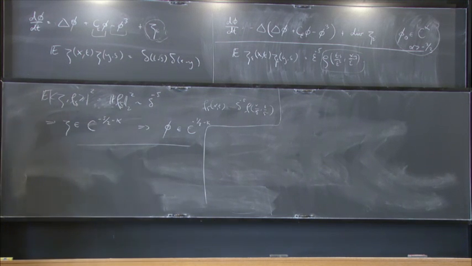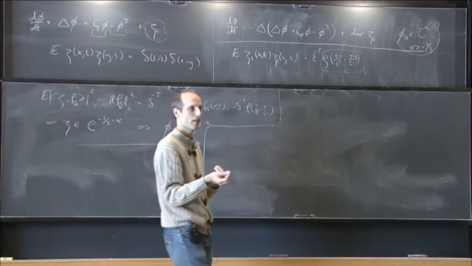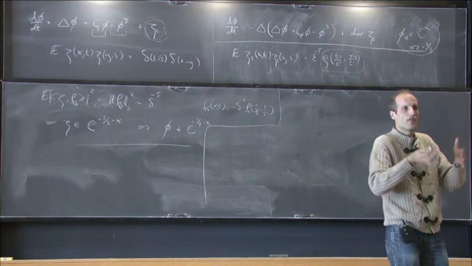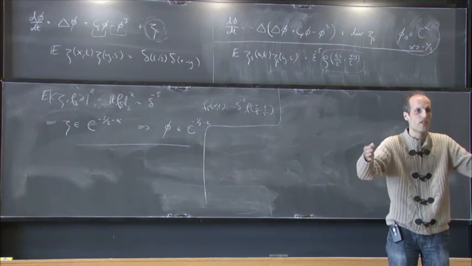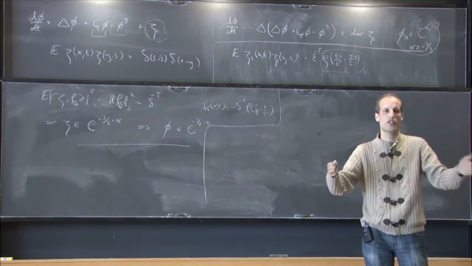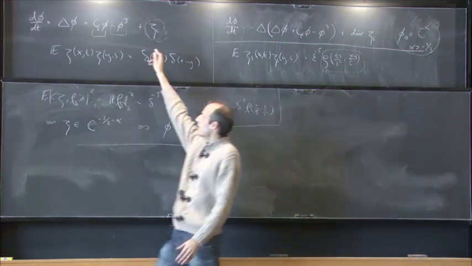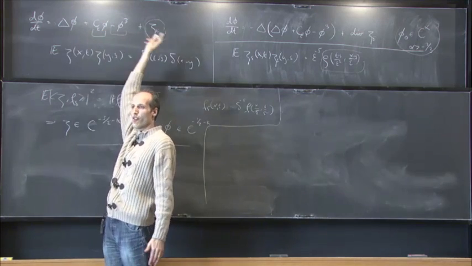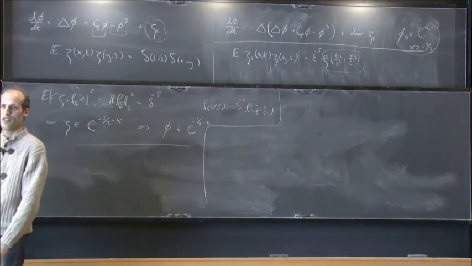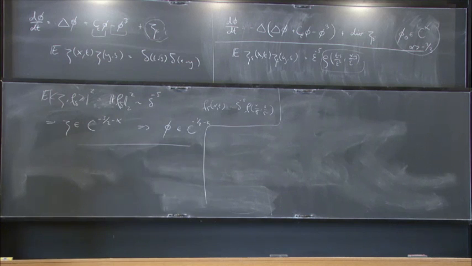And then once you've constructed your solutions, you can go back and ask yourself, which equation did this actually solve? And if your product didn't coincide with the usual product, well, that means that the equation that you actually ended up solving wasn't the equation that you had the impression you were solving. It was actually a different equation, right? And so what you realize is that you were actually solving this equation all along, even though you were kind of thinking that you were solving a fixed equation which didn't depend on epsilon.